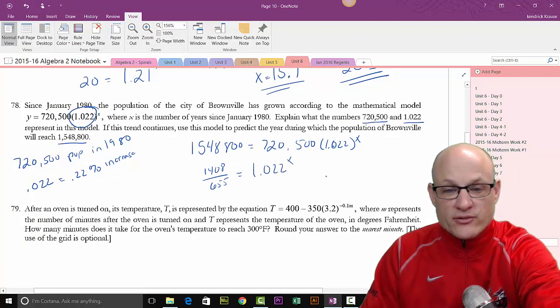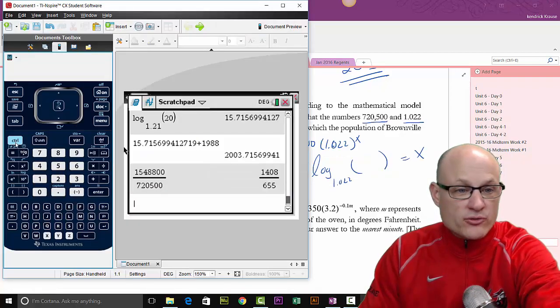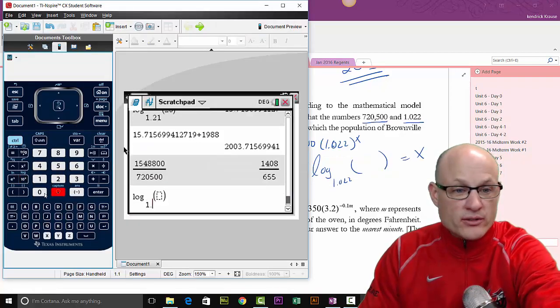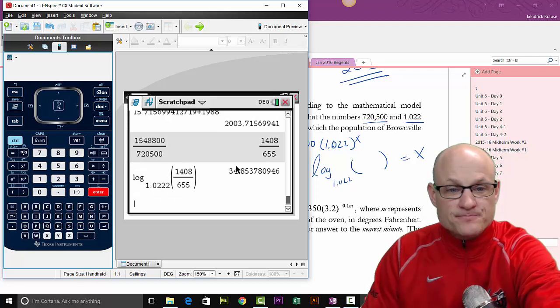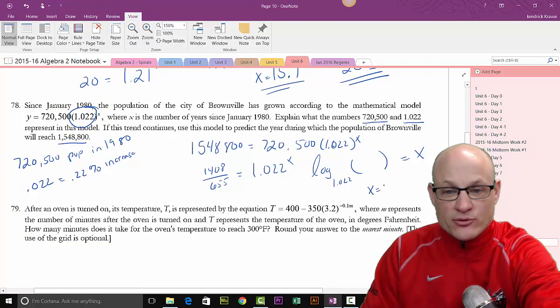1.022 to the x. It's all about the base. So log base 1.022 of that fraction is equal to x. So I'm going to do control log base 1.022 of that fraction, the answer, is equal to x. Notice I put the answer in there for me. That's nice. So x is equal to 34.85.